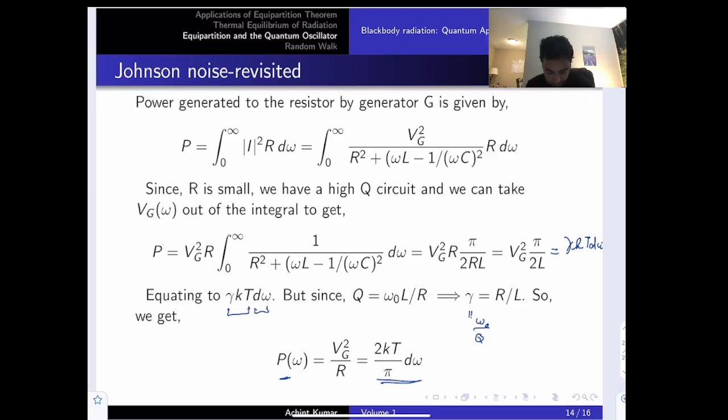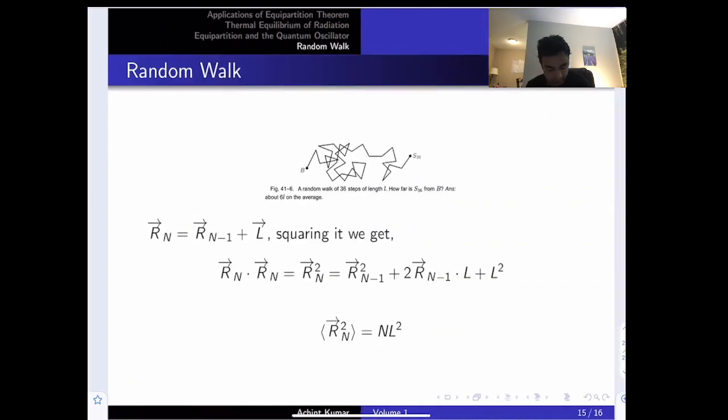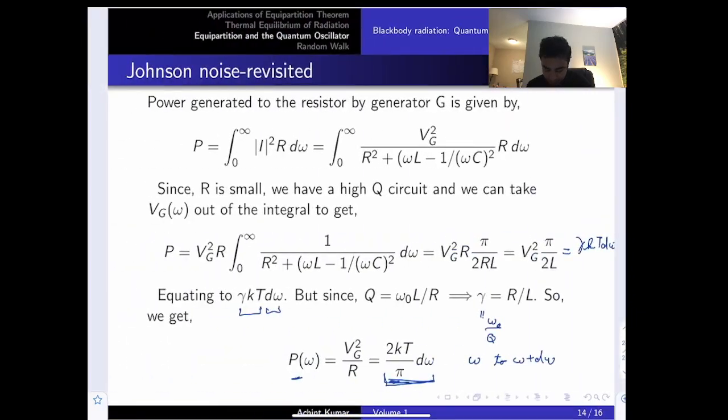Okay, so this equation is basically saying that in the range omega to omega plus d omega, this is the total power that is being dissipated by the resistor at temperature T. Again, notice that for high values for frequency, we would again have to replace kT by the black body radiation formula we had derived using quantum mechanics.